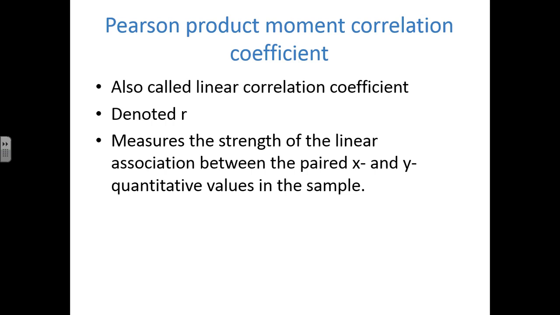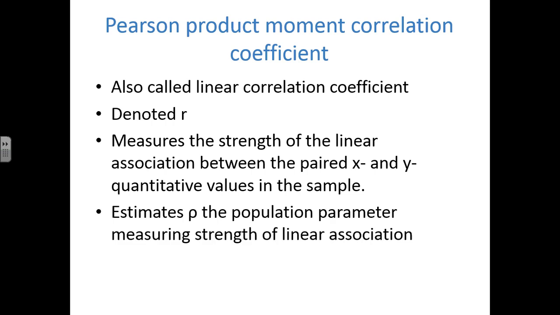And r, the linear correlation coefficient, measures the strength of only the linear association. It estimates rho, the population parameter, or the population correlation of this linear association. So r is our sample correlation coefficient, and rho is the population correlation coefficient.